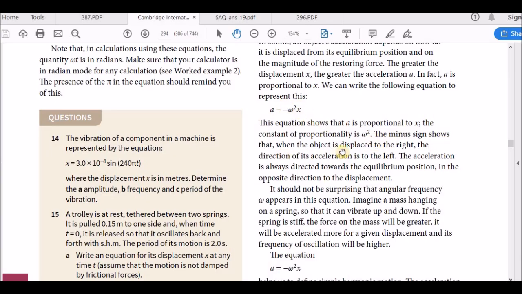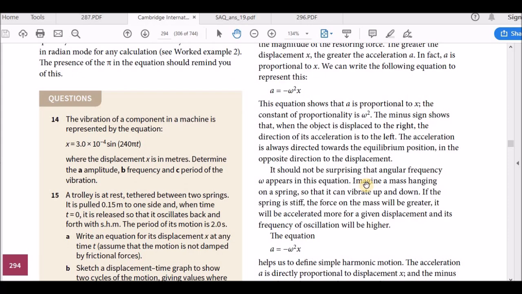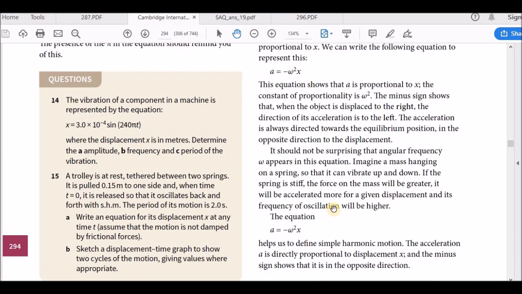The minus sign shows that when the object is displaced to the right, the direction of acceleration is to the left. So always the acceleration and displacement are in opposite directions, and acceleration is always directed towards the equilibrium position in the opposite direction to displacement. It should not be surprising that the angular frequency omega appears in this equation. So omega is the angular frequency, we learned that already. Imagine a mass hanging on a spring so that it can vibrate up and down.